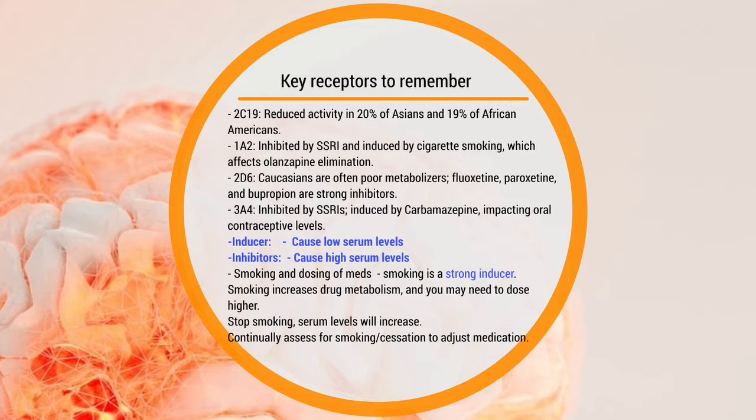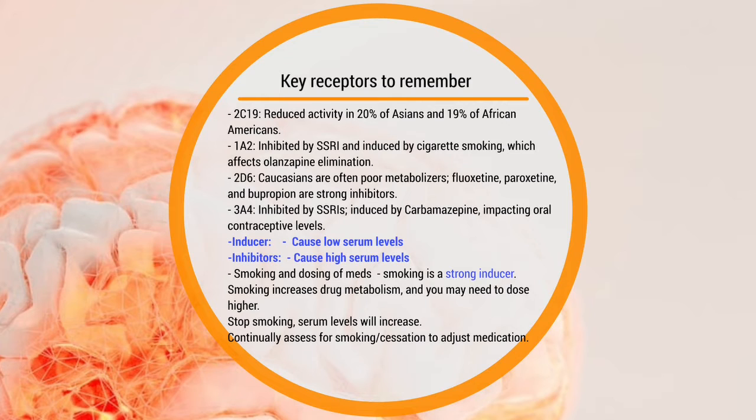Now, key concepts to remember, right? The 2C19 has reduced activity in 20% of Asians and 19% of African Americans. 1A2 is inhibited by SSRIs and induced by cigarette smoking, which affects olanzapine and clozapine elimination. So it's inducing, with less of the medication in the body, you need to increase.